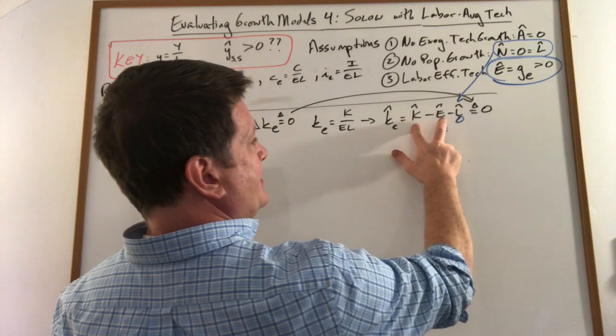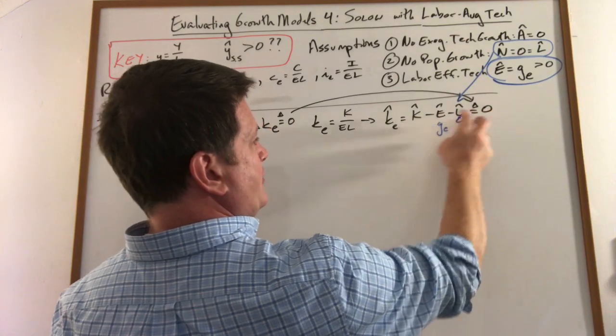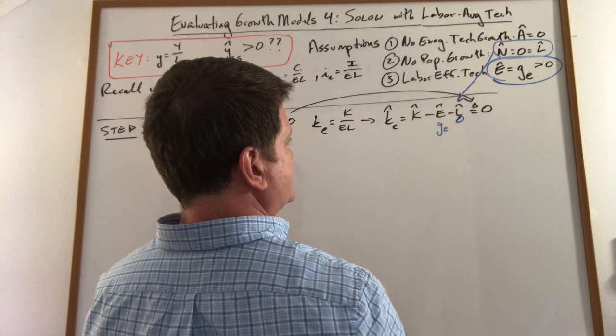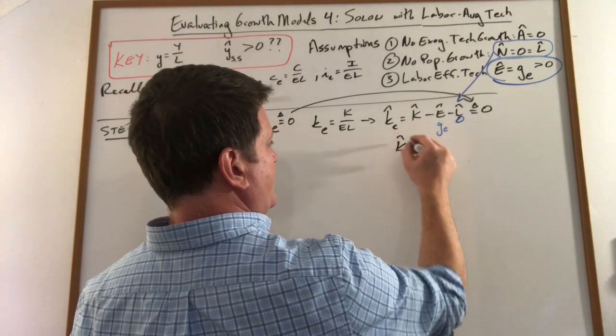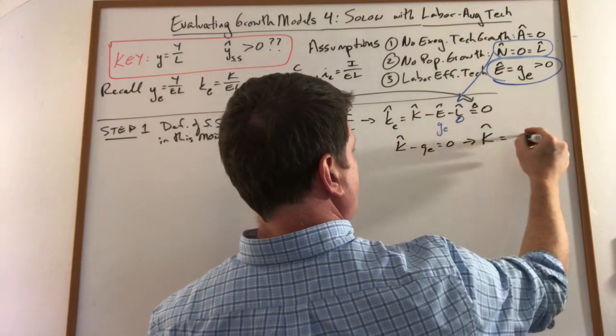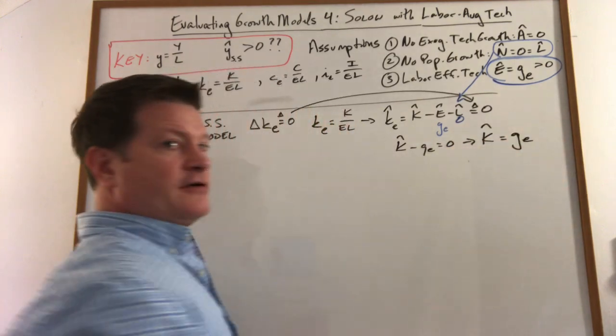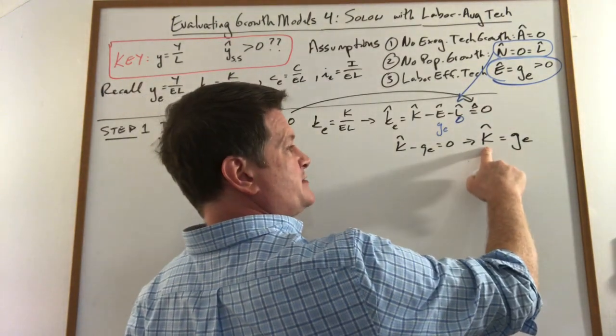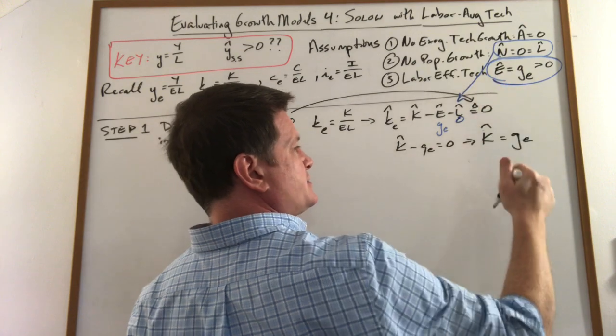So K hat minus E hat has to equal 0. This is gE, so it tells us that K hat minus gE has to equal 0, which is the same as saying K is growing at a rate of gE, which means the total stock of capital must be growing at the same rate as technological progress here.